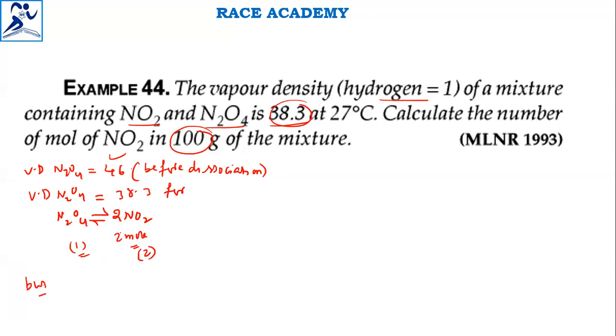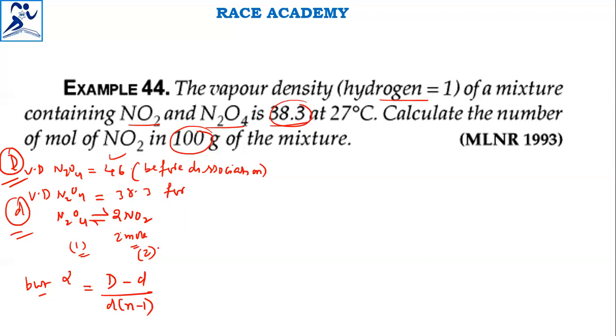But there is a relation for the degree of dissociation. If you consider alpha as the degree of dissociation, the alpha formula given for this type of problems is capital D minus small d by small d into n minus 1, where capital D is the vapor density before dissociation, and small d is the vapor density after dissociation. So the n value is 2 here. That is after dissociation, the number of moles is 2.